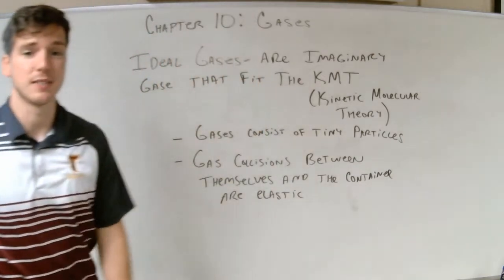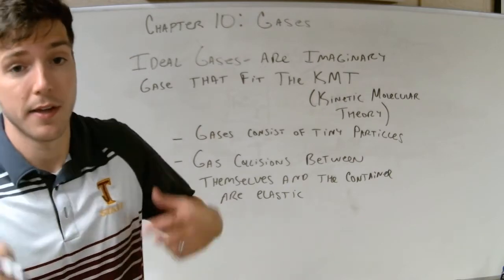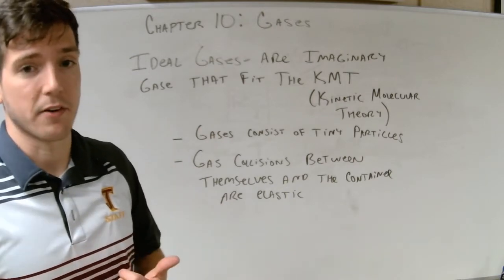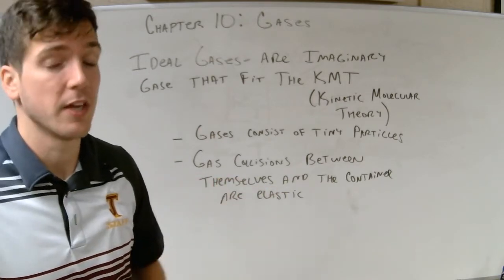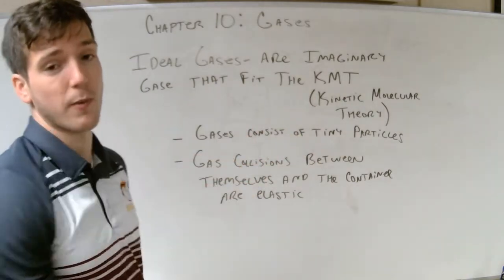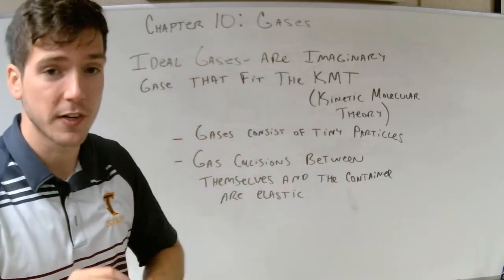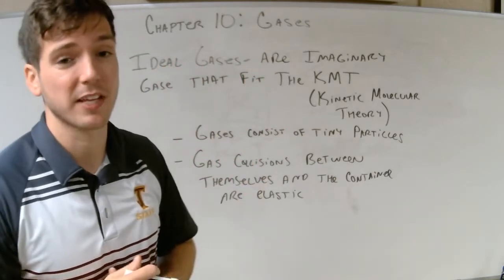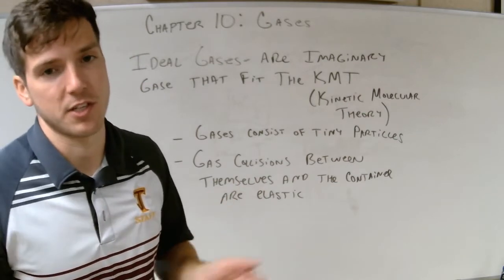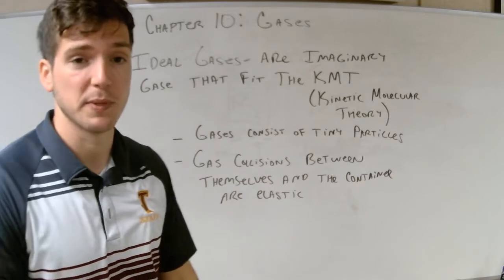What does that mean? Gas collisions between themselves and the container are elastic. That means that they don't stick together, okay? They're not even attracted to each other a little bit. Real gases, they bump into each other. Sometimes they stick together and then move a different way. Sometimes they slow each other down because they are a little attracted to each other. Okay, but in kinetic molecular theory, they're just bouncing off of each other. They're not even sticking whatsoever. They bounce off of each other and move the same speed in another direction.